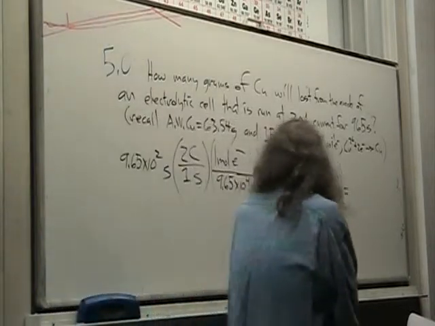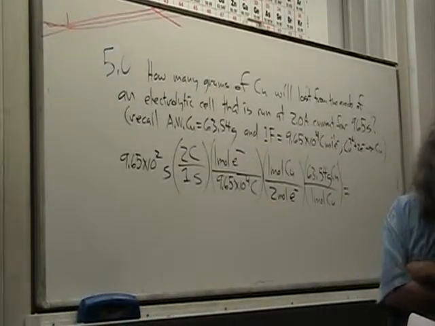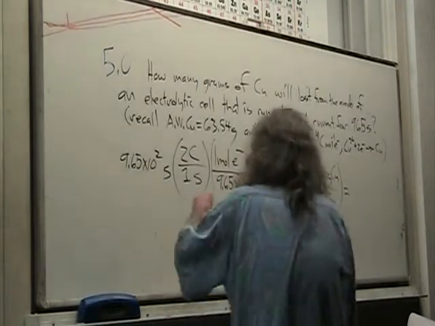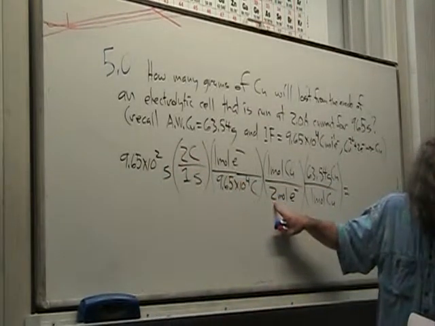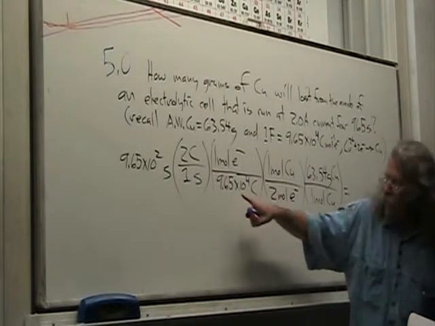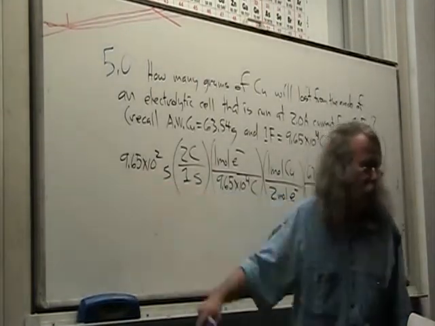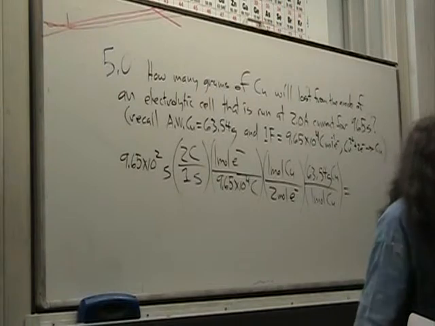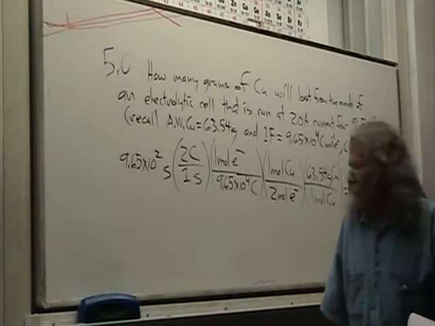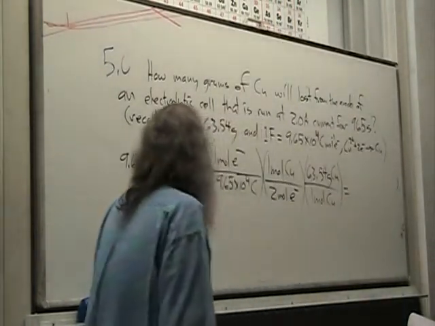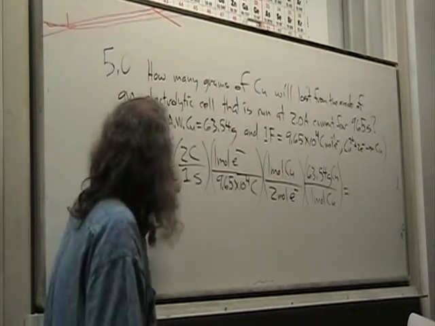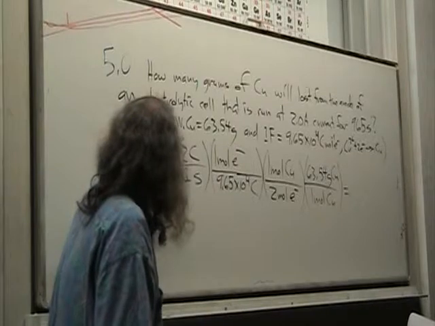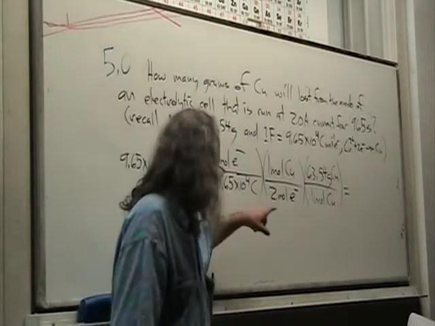So now let's do the math. Notice this 2 here cancels out that 2 there, so we've got 1 there. Notice 9.65 divided by 9.65 drops out nicely too. So all we have to deal with now is the exponents and that 63.54 business. I'm going to have 10 squared divided by 10 to the 4th.